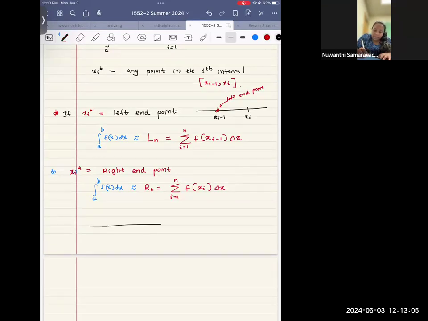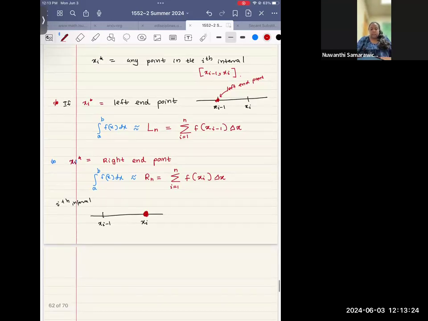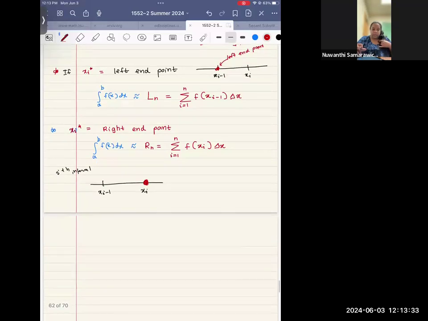So here, if I draw again the ith interval on the real line, this is x(i minus 1), this is xi. Now you use this right-hand point to find all the y values, and then you take the sum of those y values, multiply by the length, and then you can find the definite integral. Okay.